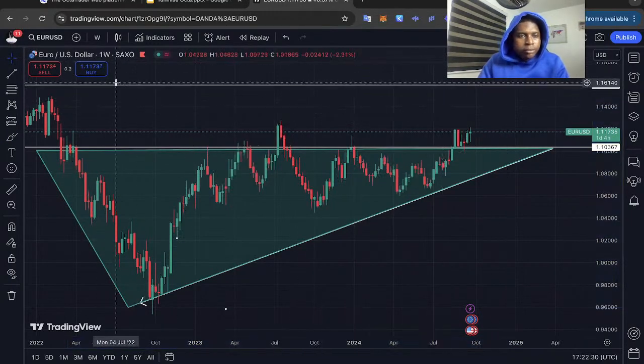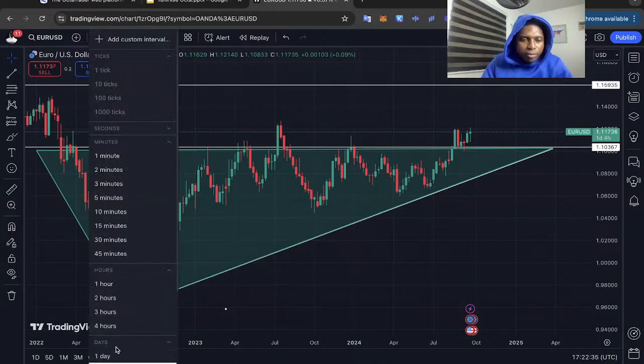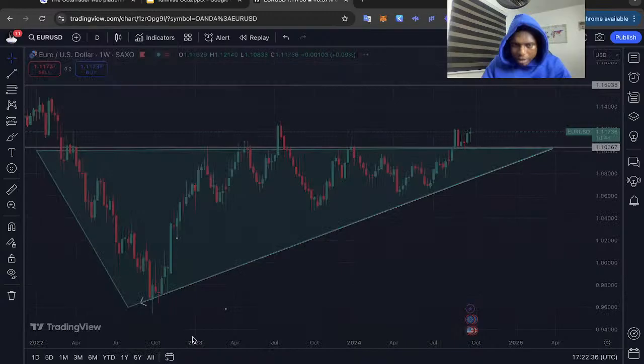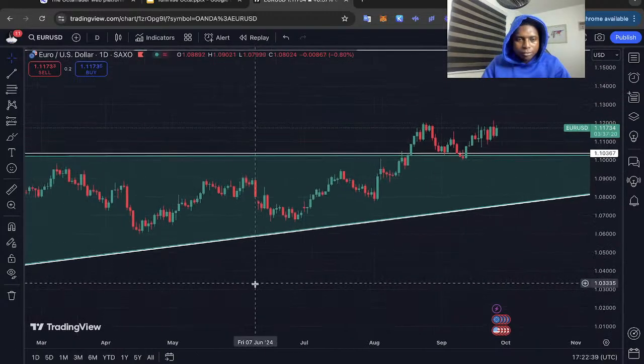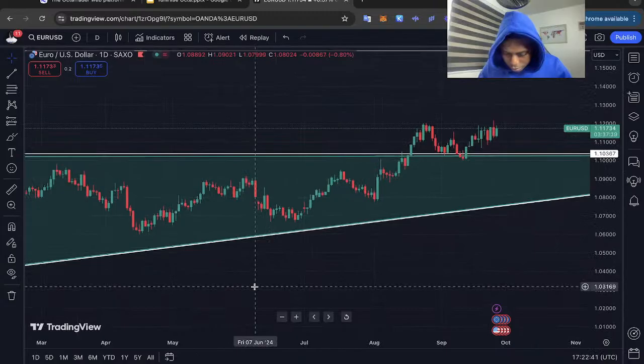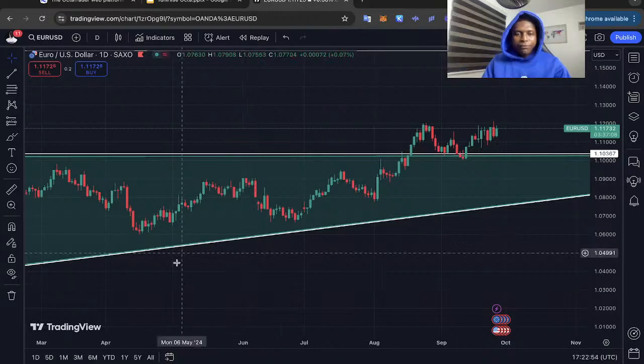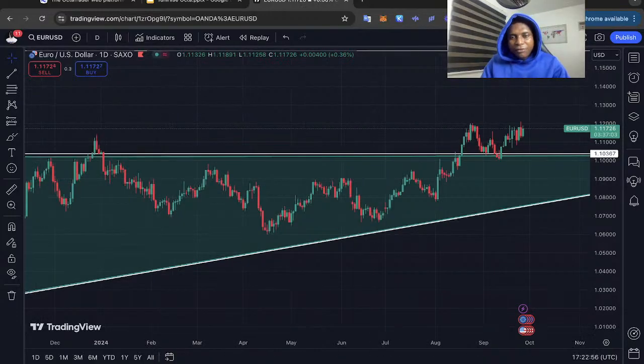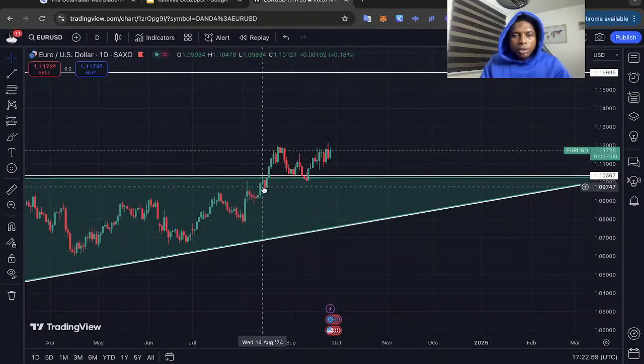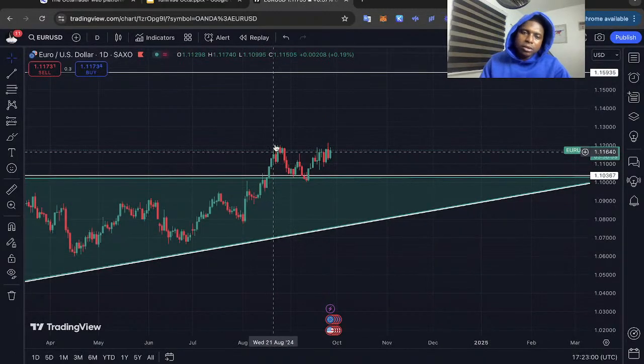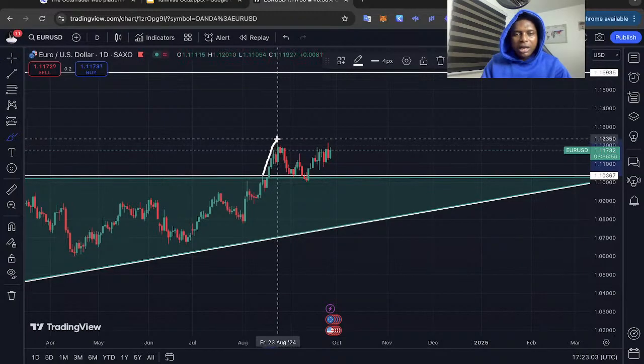So let's go down to the daily time frame now. Here on the daily time frame, we can see how price retraced after moving up.